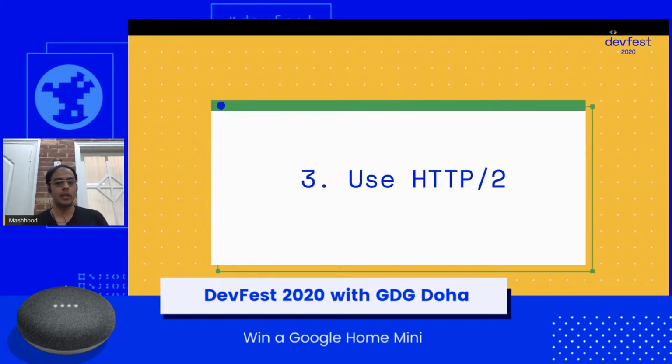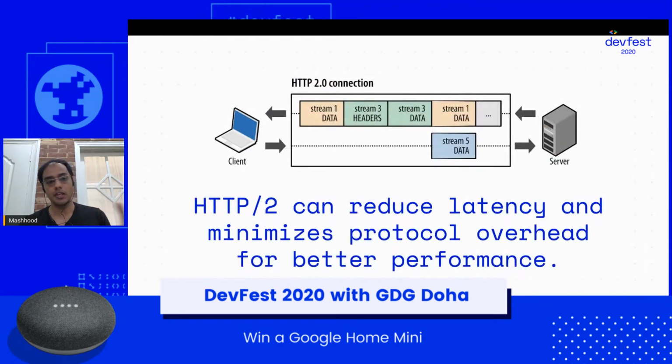The next thing that we tend to miss out on is using the latest version of HTTP. HTTP 2.0 has been out for several years now, and nowadays we're rolling out HTTP 3.0. Cloudflare and Google are both pushing on that. If you're still on HTTP 1.0, you really should consider moving to HTTP 2. The migration from HTTP 1 to 2 is very minimal.